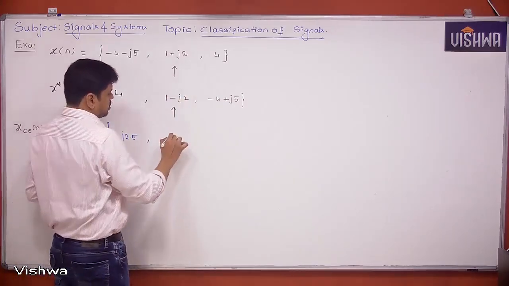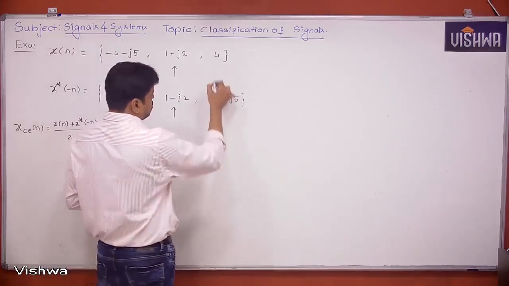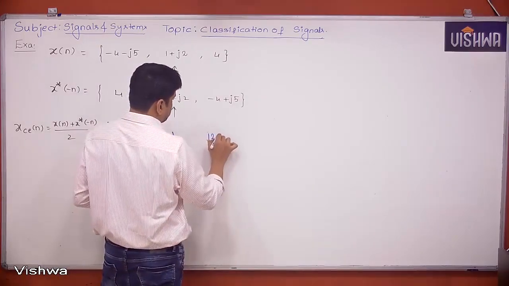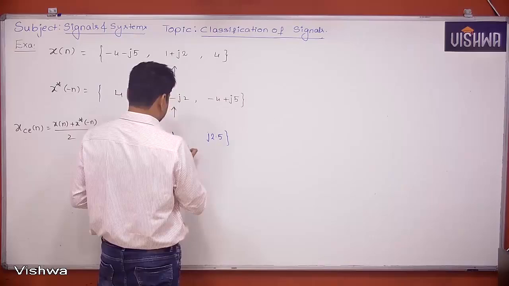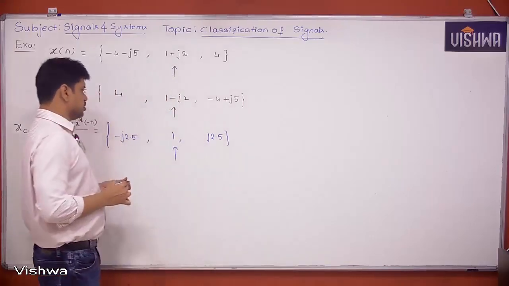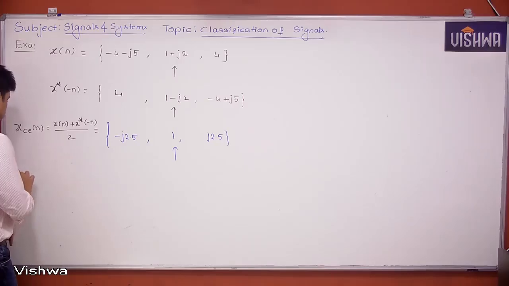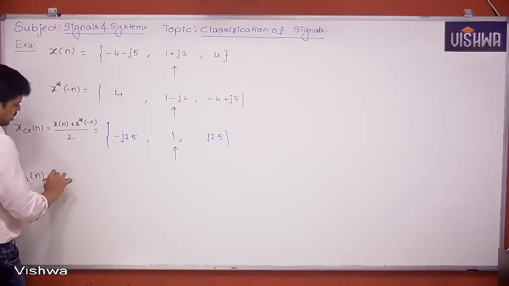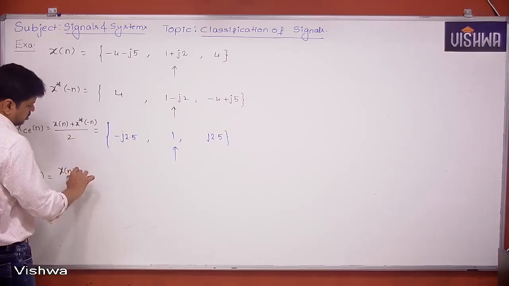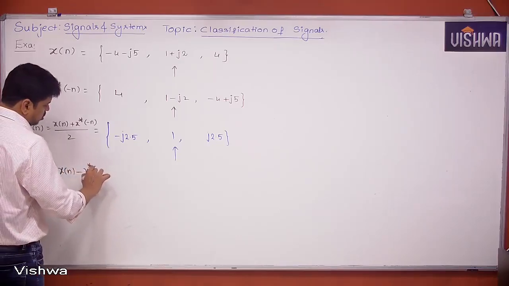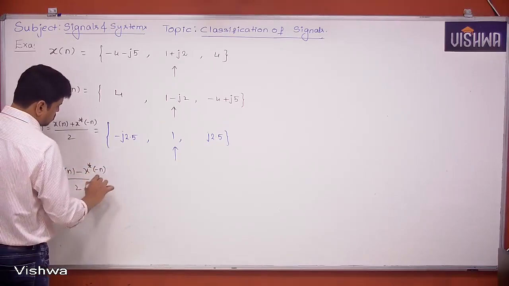These two get cancelled, 1, and j2.5. That's the even part or symmetry part. Suppose you try to calculate the odd or antisymmetric part, then x of n minus x conjugate of minus n by 2.